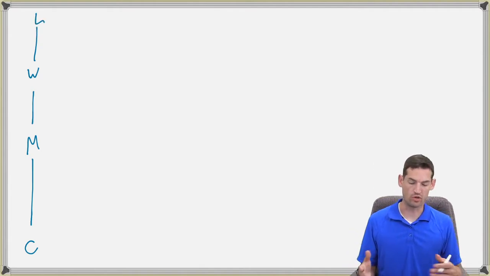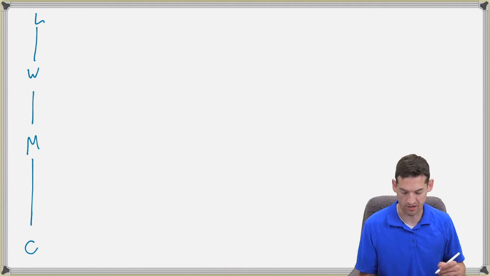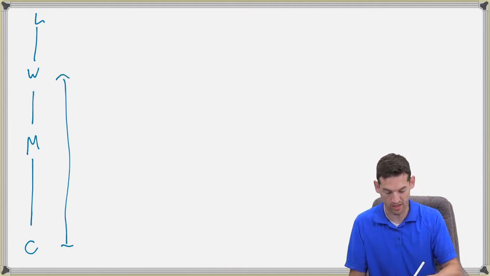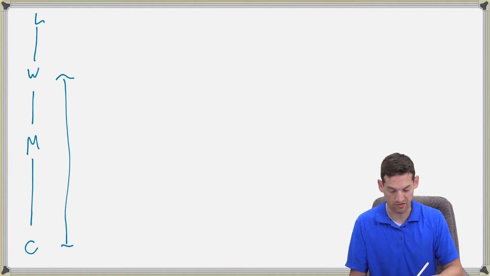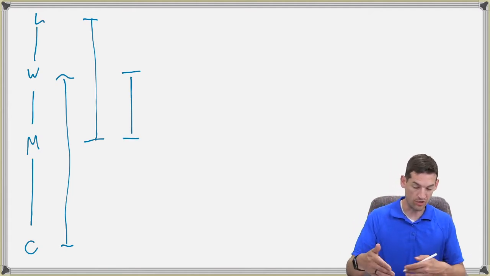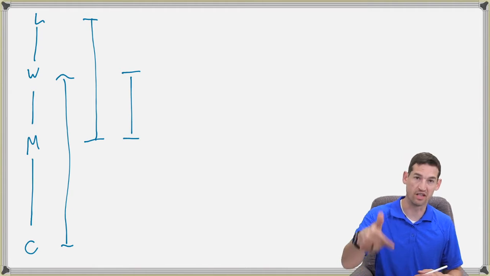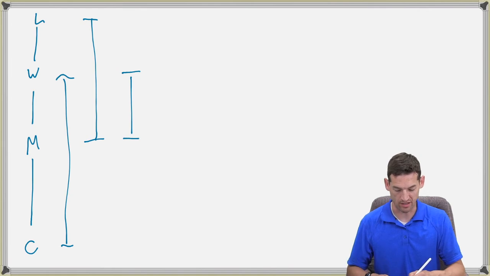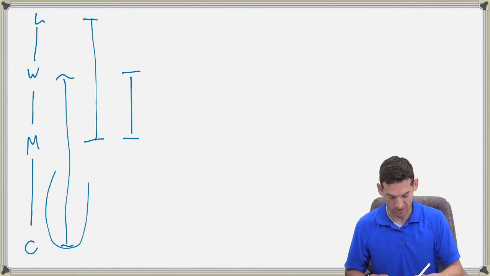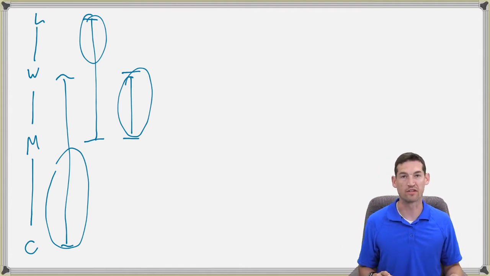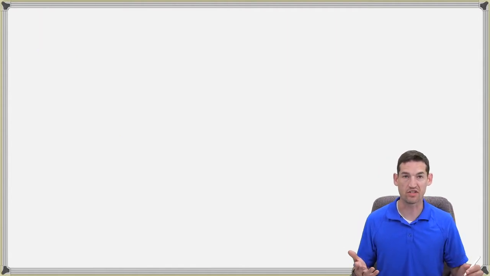Let's say I want to know a certain distance here, but all I really know is the distance from Cardston to Welling, and maybe I know the distance from McGrath to Lethbridge. I know the distance from Welling to McGrath. Even though I don't know the distance from Cardston to Lethbridge, I have enough information here that I could figure it out, because I can take this piece, this piece and that piece, and now I've got it figured out.